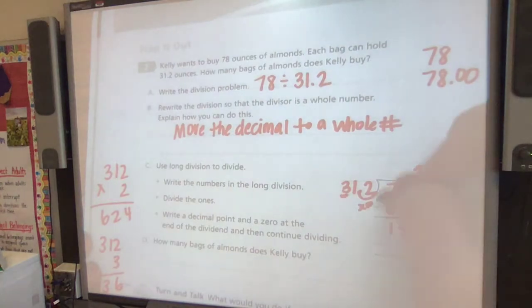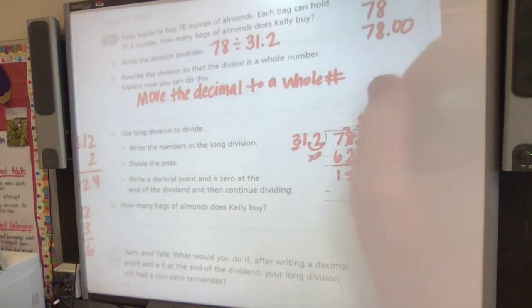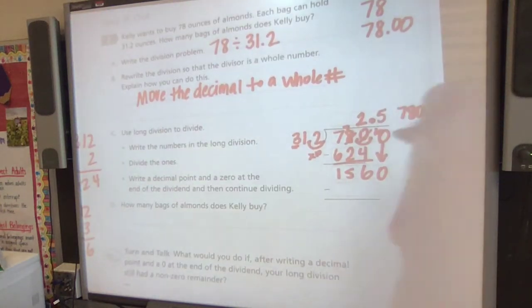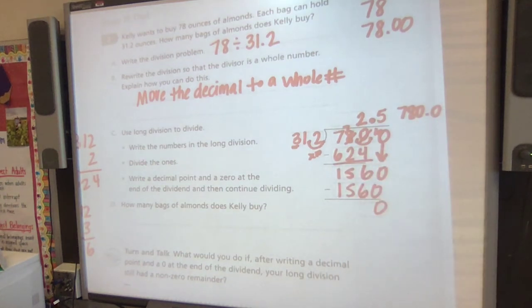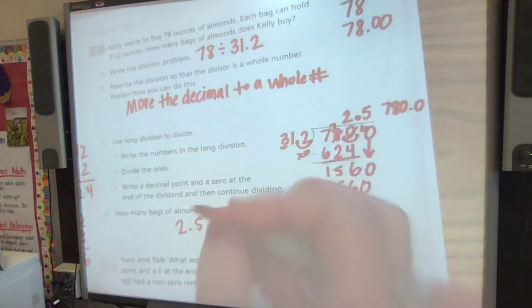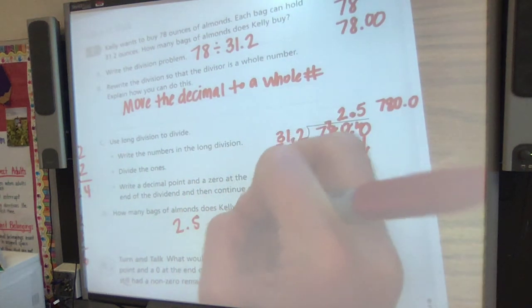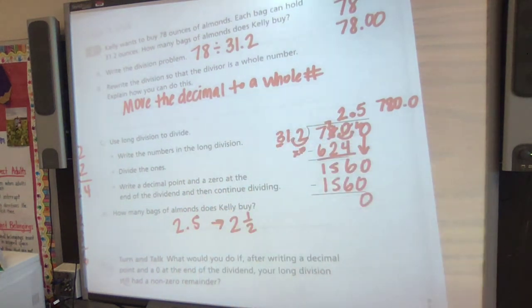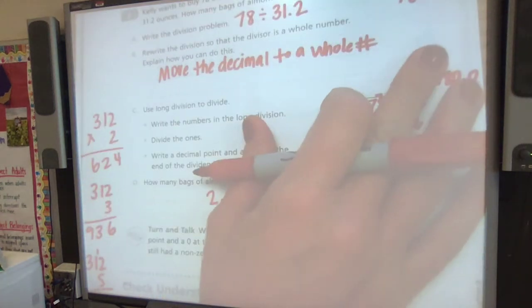So 312 goes in here exactly 5 times, because 5 times 312 is 1,560. I have nothing left over, so my answer is 2 5/10. So she buys 2 1/2 bags, because 5/10 we know is equivalent to 1/2.